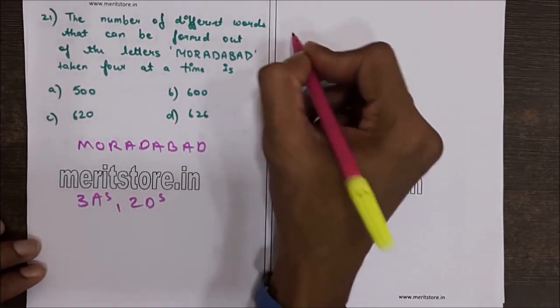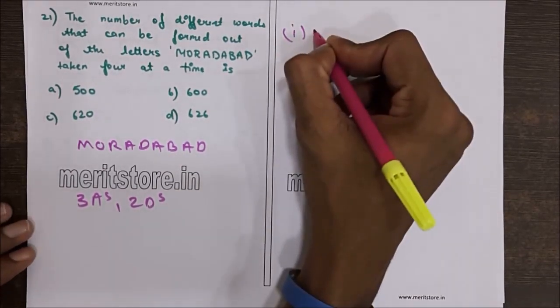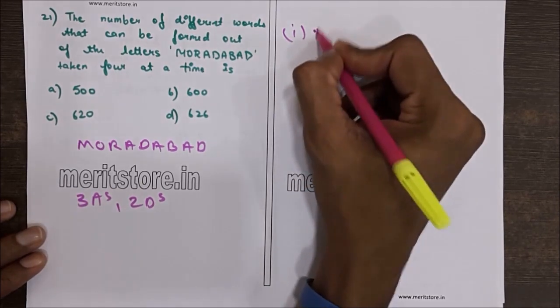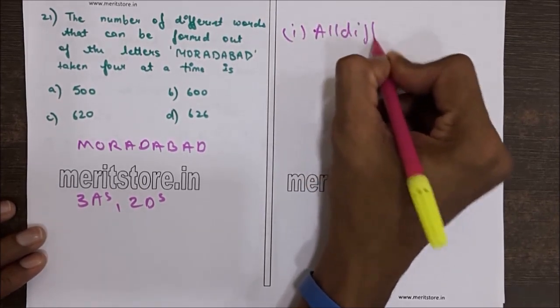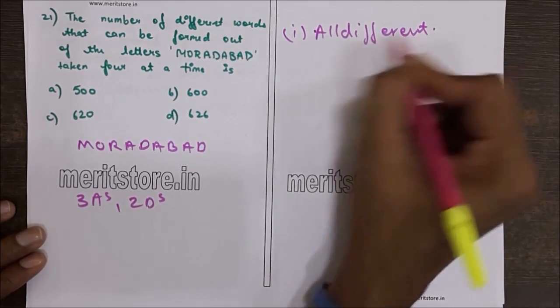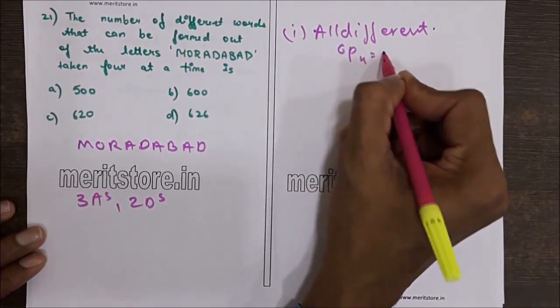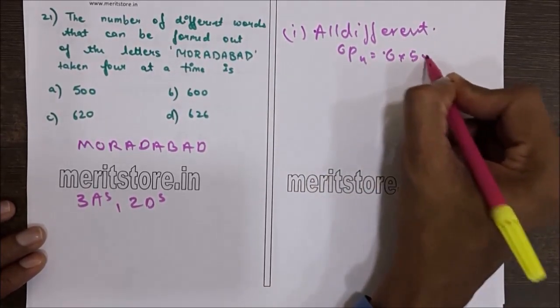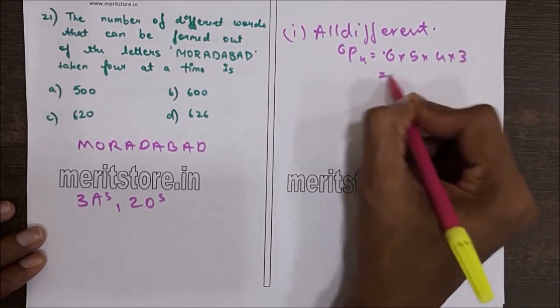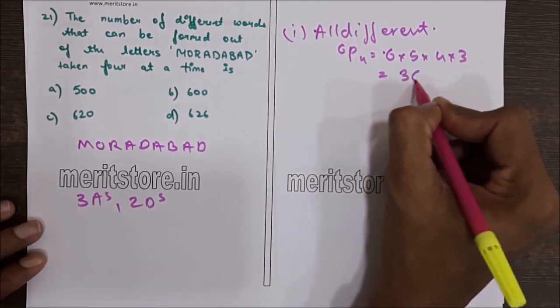First, all different. So 6P4 equals 6 into 5 into 4 into 3, which is equal to 360.